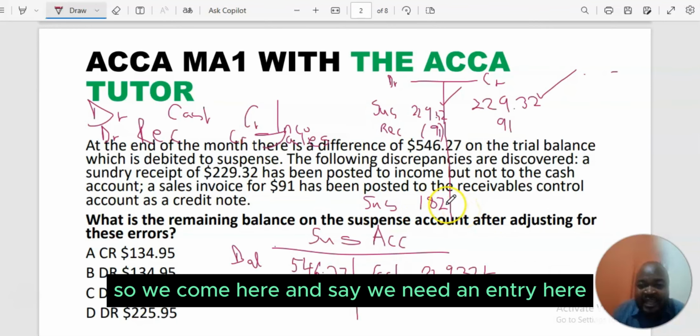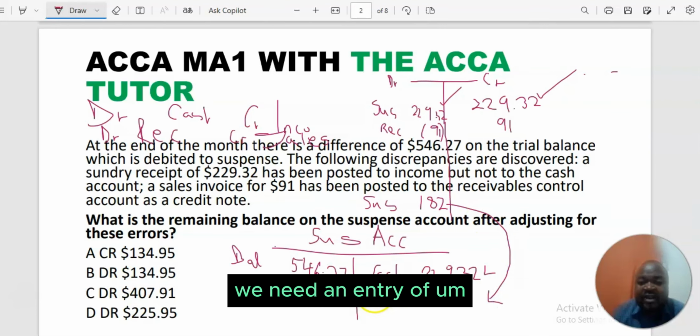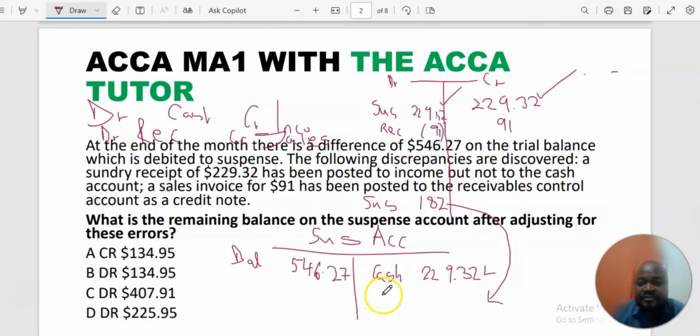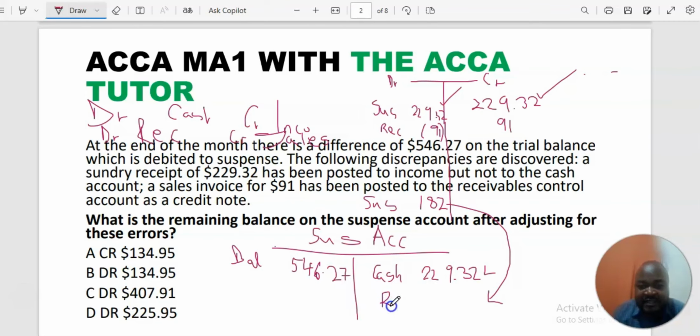So we come here and say we need an entry here. We need an entry of receivables. Okay, receivables.